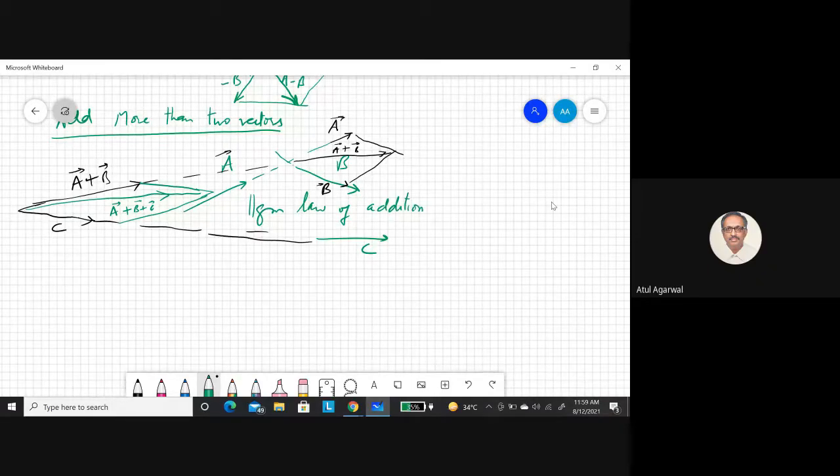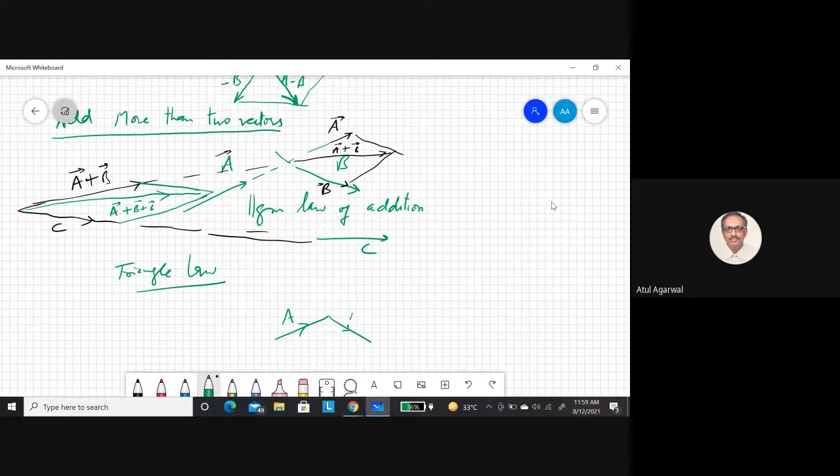Suppose you are using the triangle law of addition. Then what will you do? You have got three vectors A, B, and C. First you write vector A. You draw vector A, then you draw vector B from where vector A ends.